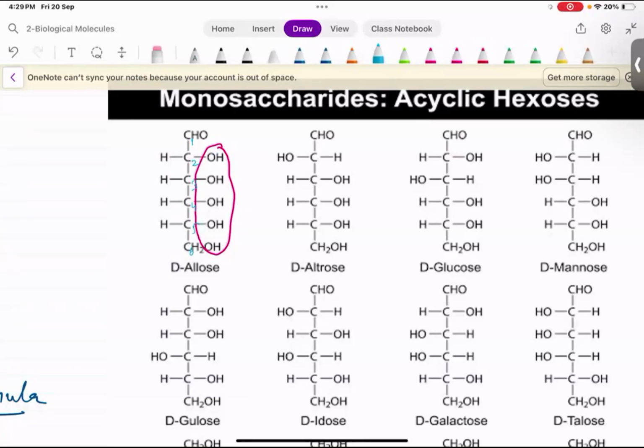If all of them are on the right side, then the name will be allose. You got it? Yes. If an OH group on carbon number 2 is on the left side and the rest are all on the right side, then it is an aldose.